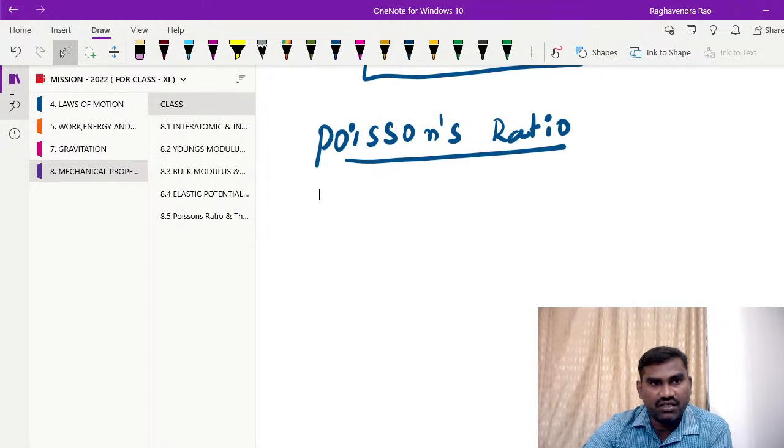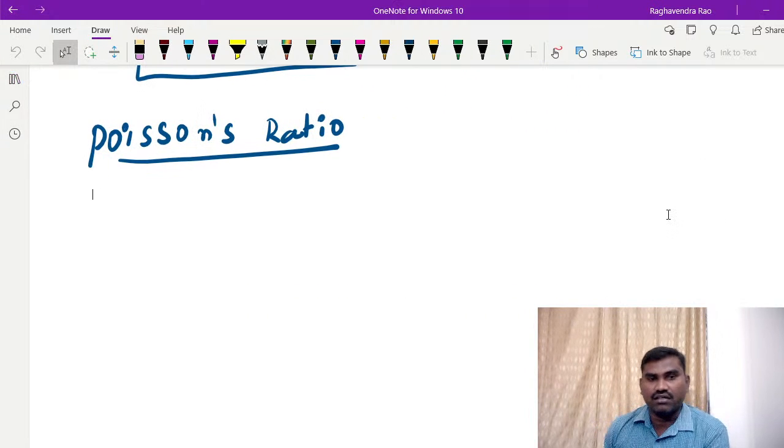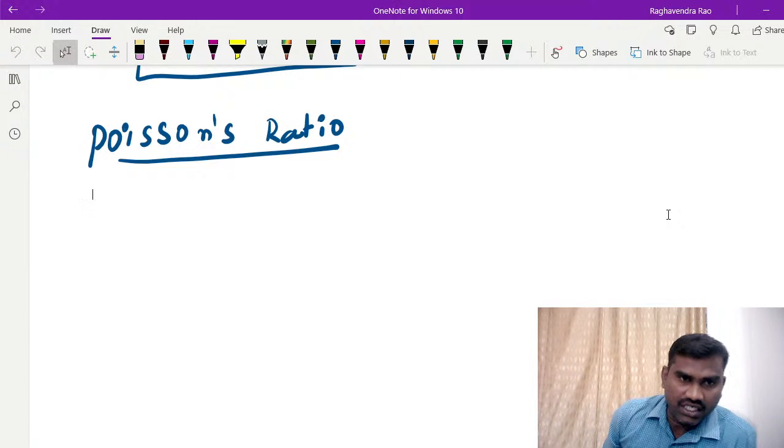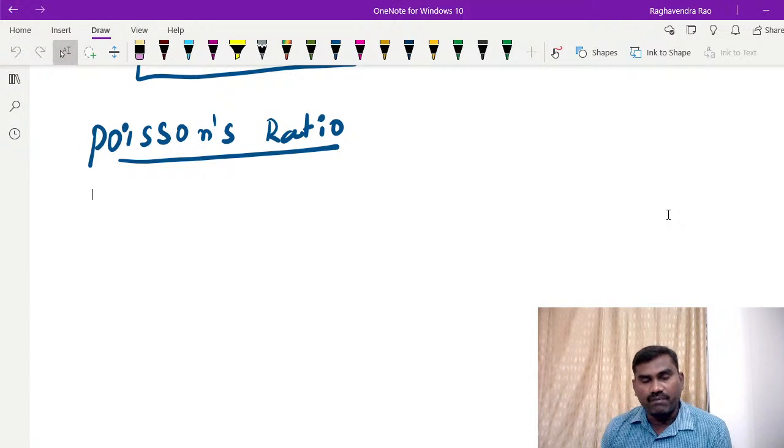We will finish Poisson's ratio, and then tomorrow we need to discuss bulk modulus, rigidity modulus, and based on the situation, elastic potential energy and stress-strain graph. Those are the topics related to mechanical properties of solids. We will discuss based on the time slot.